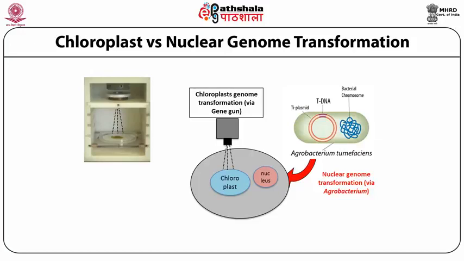But generally in chloroplast, the most popular method is the gene gun, which propels your DNA coated on gold particles, using helium gas, into the callus or leaves. So this is the direct method.